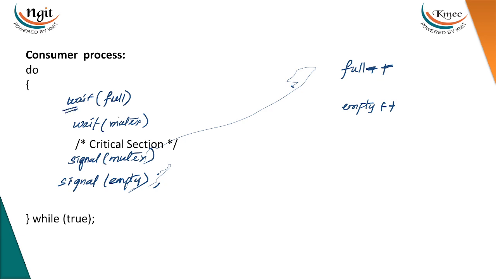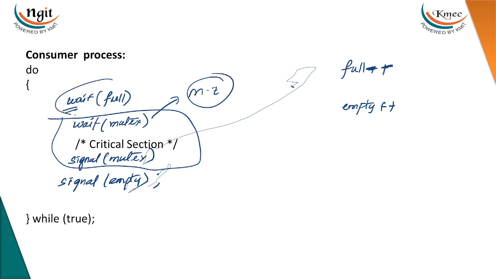Wait on mutex gives you mutual exclusion. Wait on full gives you the decrement operation on full, and when all the locations are full, the producer process will be blocked.